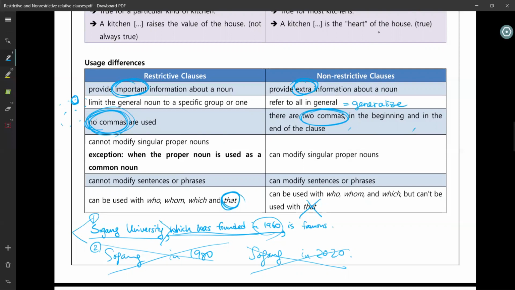In that case, if you want to specifically refer to the campus in Suwon, maybe you can say Gyeonggi University, which is located in Suwon, is famous. You can do that. But in general, when we are talking about proper nouns, we usually use it with a set of commas to say non-restrictive clauses. So that's what this part is also talking about.